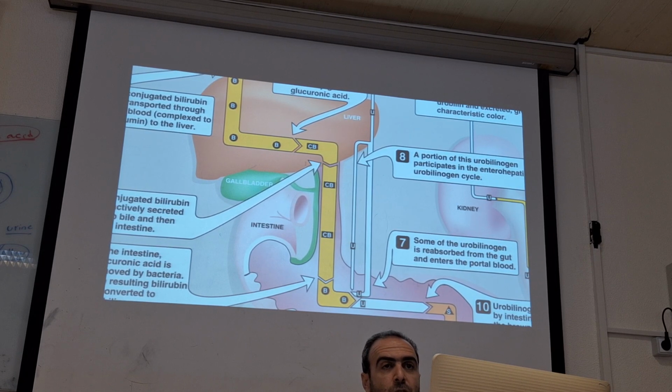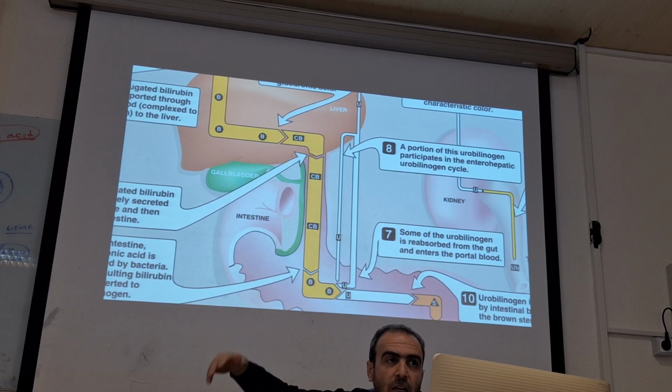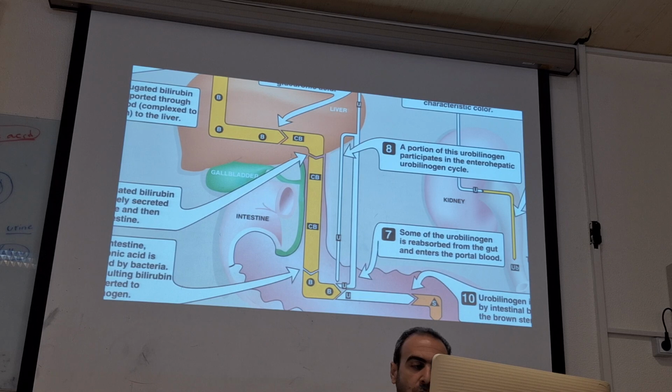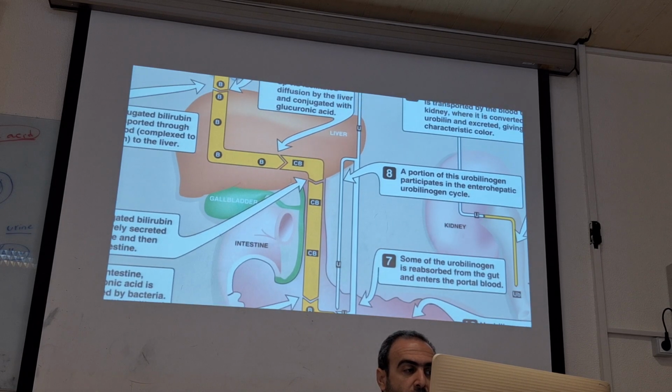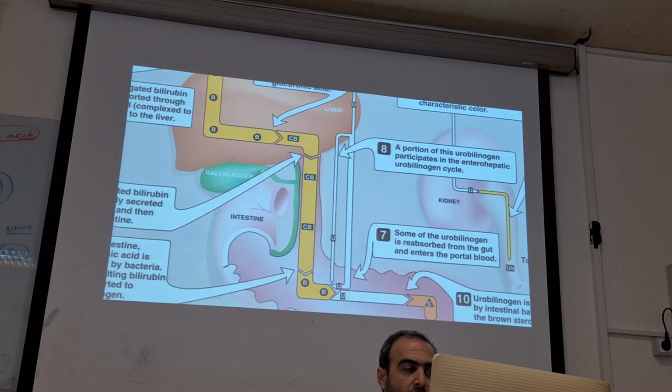We call it the enterohepatic cycle, between the intestine and the liver, for urobilinogen. Some part of it is absorbed by the liver, and again near 10% goes back to the intestine.